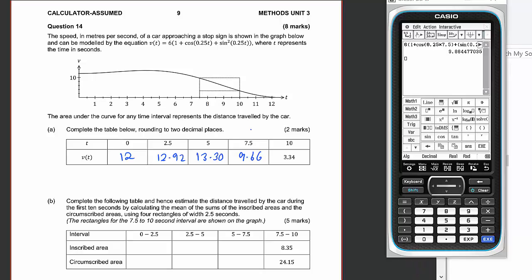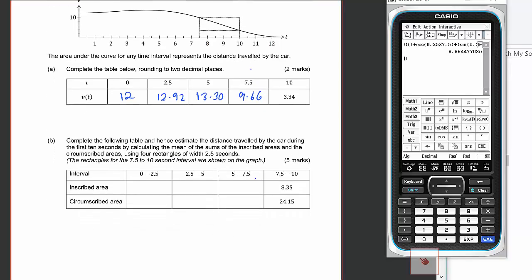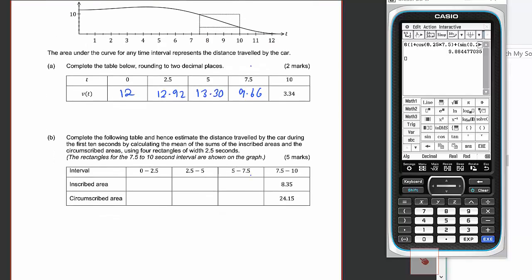Complete the following table and hence estimate the distance travelled by the car during the first 10 seconds by calculating the mean of the sums of the inscribed areas and the circumscribed areas using 4 rectangles of width 2.5 seconds. Now once again in the table here we can see they've given us the calculations.